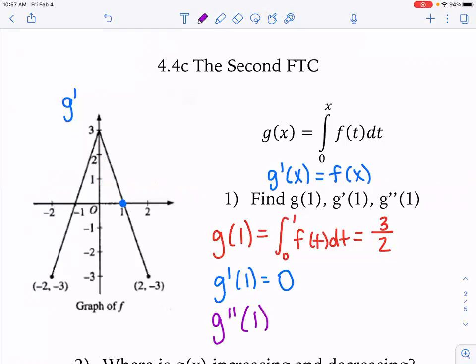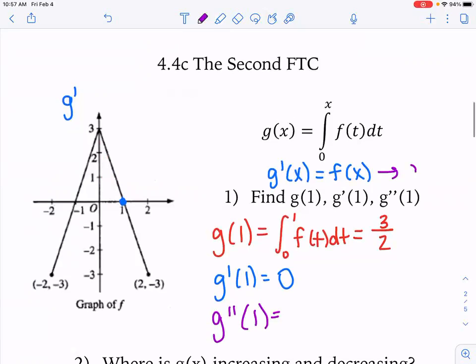Let's talk about the second derivative. Well, if the first derivative of g is f of x, then the second derivative of g is going to be f prime. Okay. So if I'm asking you for the second derivative at 1, I want the first derivative of f.